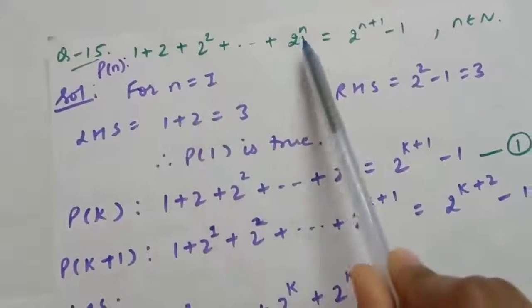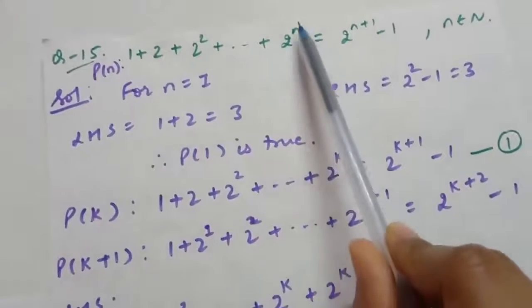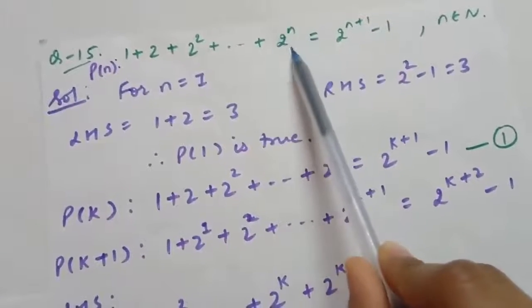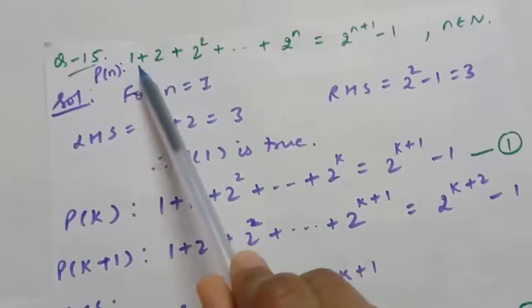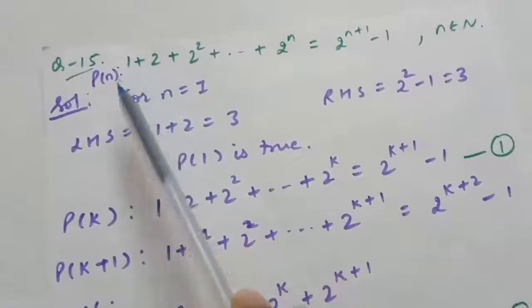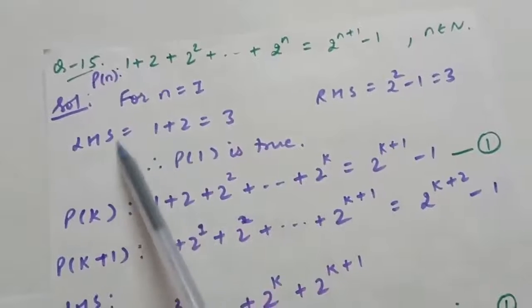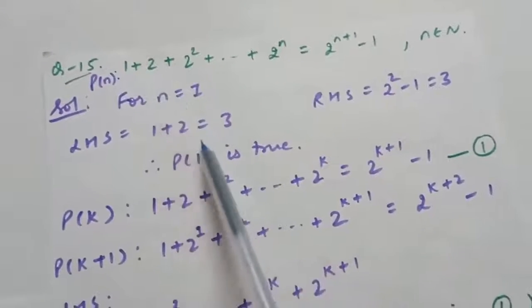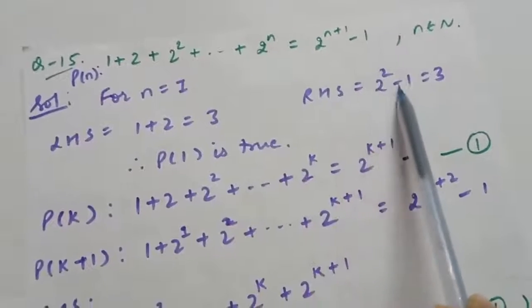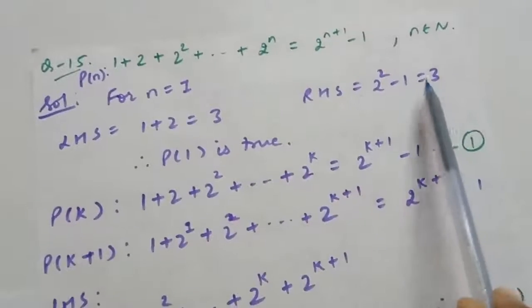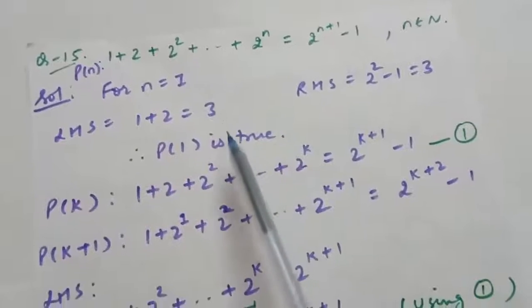LHS will be, when you put 1 in place of n, this will be 2, right? But you can see before 2 the term 1 is also there. So you have to take 1 also. So LHS will be 1 plus 2 equal to 3. And RHS will be 2 square minus 1, which is also 3. Therefore these two are equal.